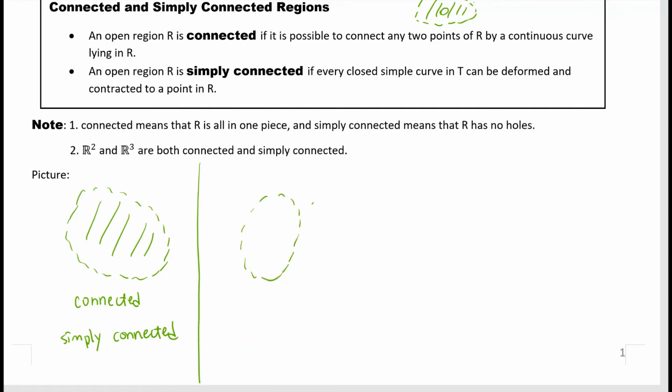If we have one piece here and another piece there, what do you say about this one? This is not connected. But are there holes? No, so this is simply connected.